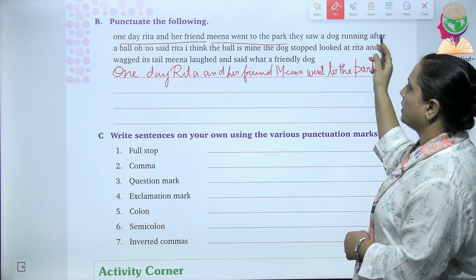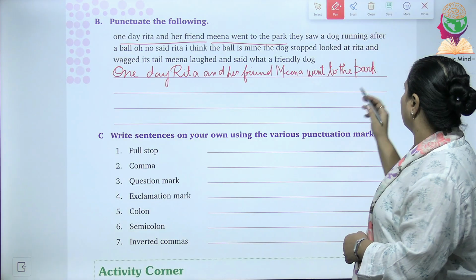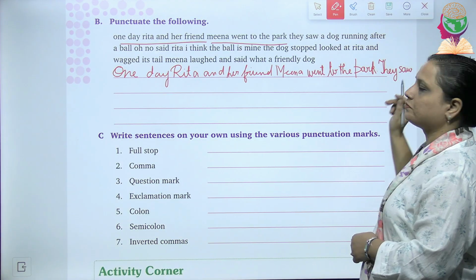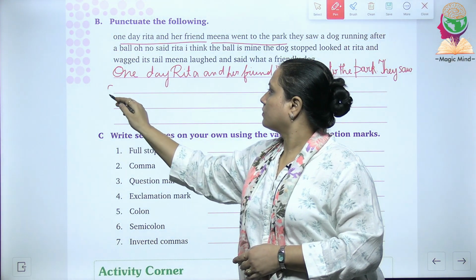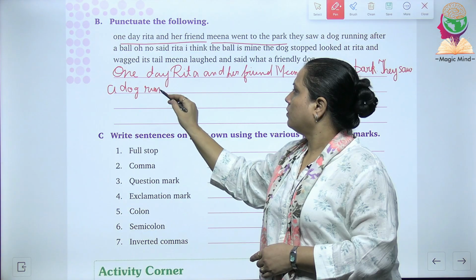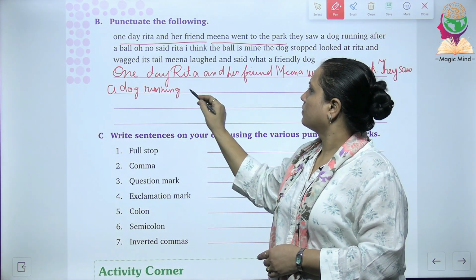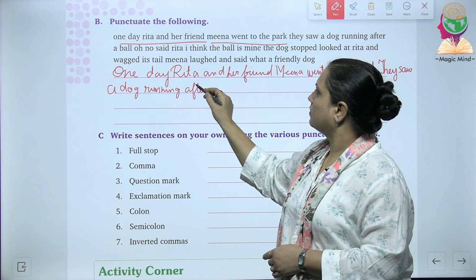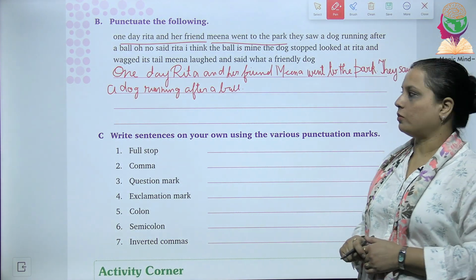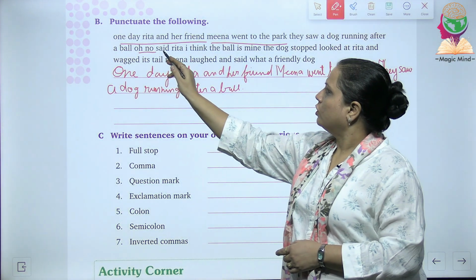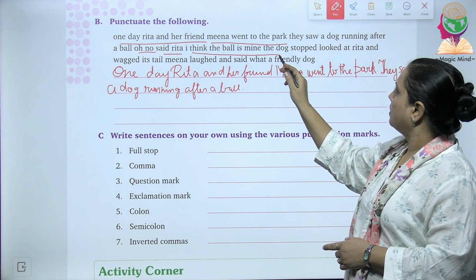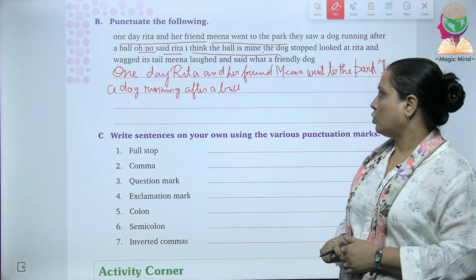"They saw a dog running after a ball." So we will begin with They saw a dog running after a ball, and again a full stop. "Oh no," said Rita. "I think the ball is mine." So how will we write?